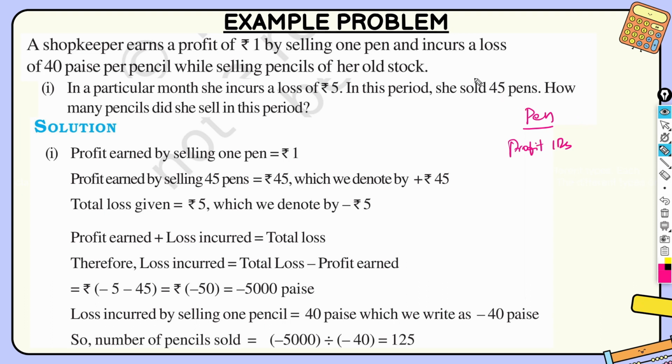But he has pencils which are old stock, so to sell those he sells at a loss. When he sells a pencil, he gets a loss of 40 paise. So for a pen he gets 1 rupee profit, that means 100 paise profit, whereas if he sells a pencil, he gets a loss of 40 paise.